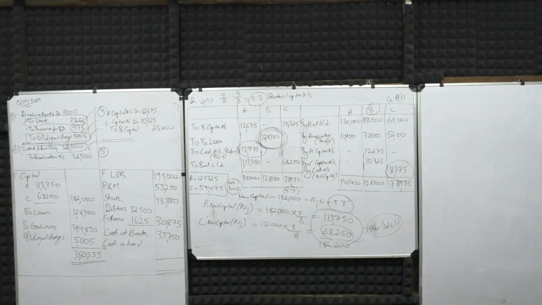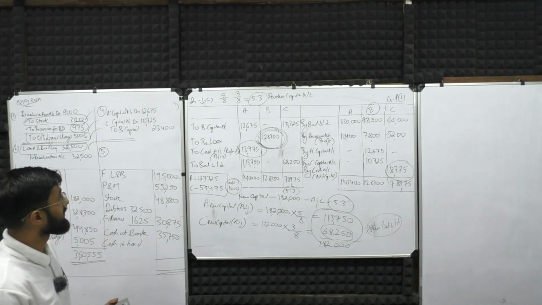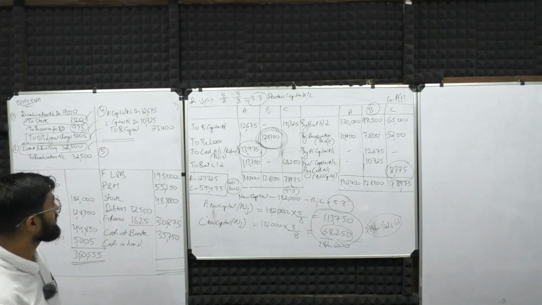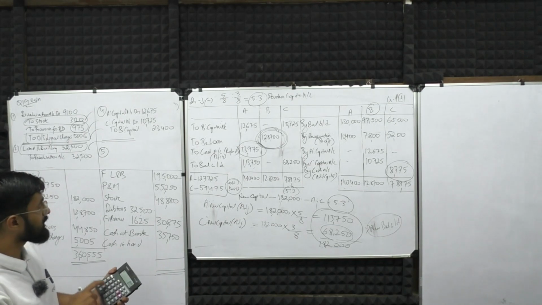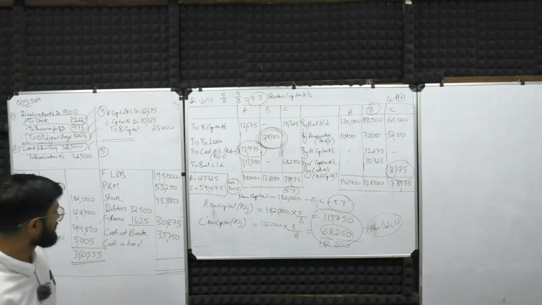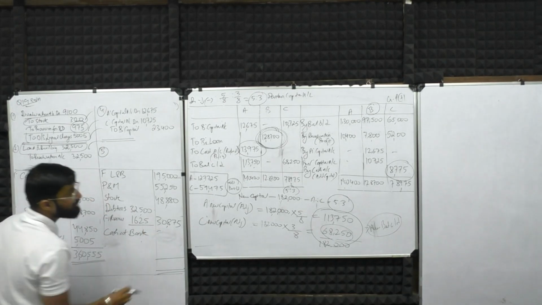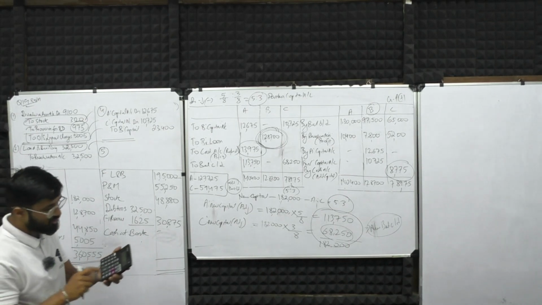How much? Let's see. 18775. So negative balance, we don't need to declare. So what we will do is bank data. 35750.